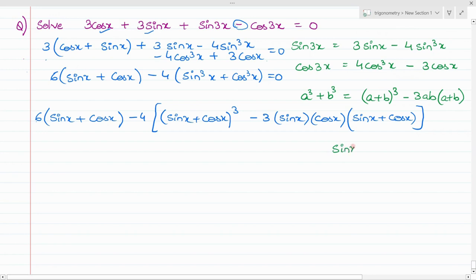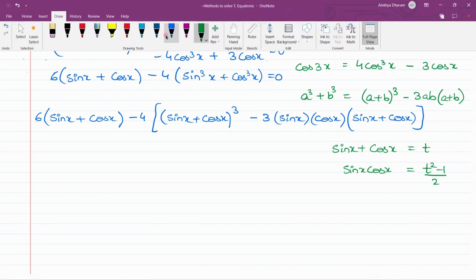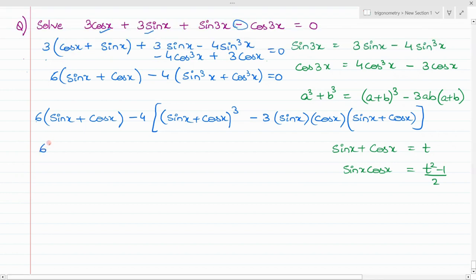Now you can use the substitution of sin x plus cos x. That is, sin x plus cos x will become t and sin x into cos x is nothing but t square minus 1 by 2. So substitute these values. It becomes 6t minus 4 times t cube minus 3 times t square minus 1 by 2 into t.